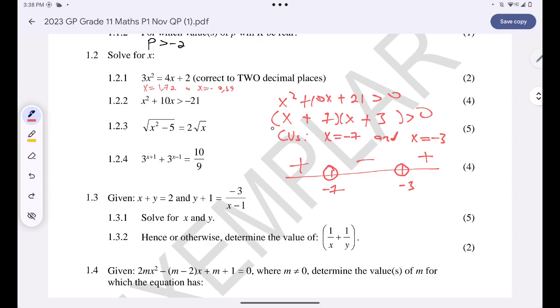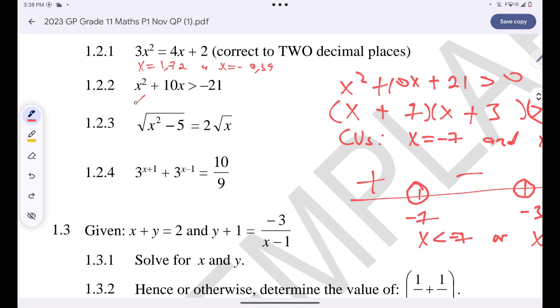So I'm looking for the values of x that will give me an answer which is positive, right? On my number line, I can only see positive whenever I move from -7 to the left and -3 to the right. So my answer is, I'll say x is less than -7, or x is greater than -3. These are my solutions. So x is less than -7, or x is greater than -3.